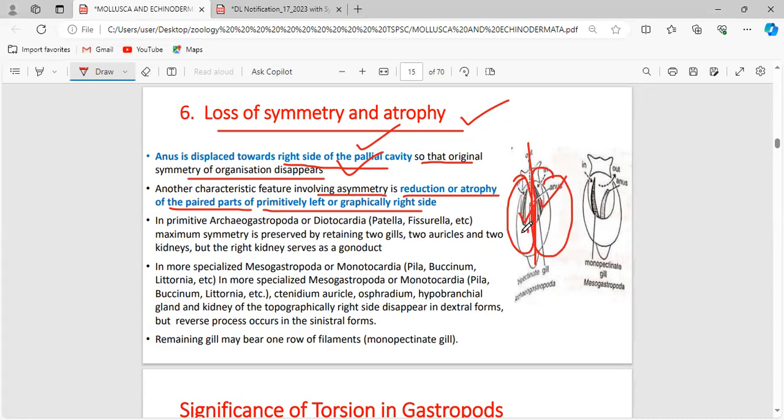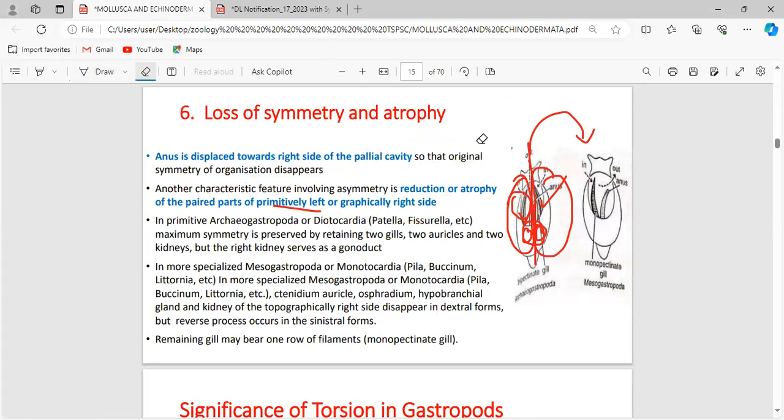Initially, one pair of kidney will be present here, and here also, but as a result of torsion, both prefer to locate in the same position. This is the reduction or atrophy of the paired parts of the primitively left or geographically right side. Loss of symmetry and atrophy.